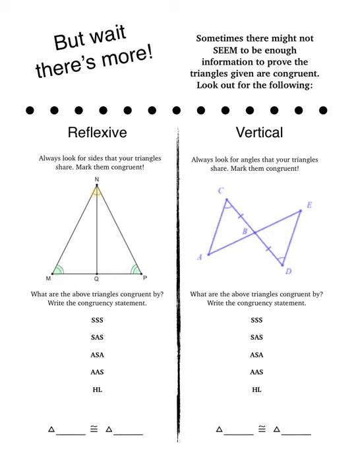And look, NQ is shared by triangle NQM. I guess we'll have to use another highlighter. NQM and NQP. They have the same side. Well, of course, the same side is going to be congruent to itself. So I'm going to put a little mark right there.